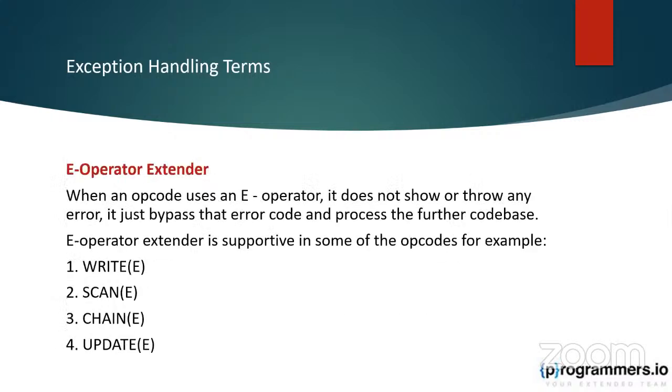And the second one we can use is the E operator. Sometimes in IBM i (AS/400) we use some opcodes like write, scan, chain, update, and other opcodes.